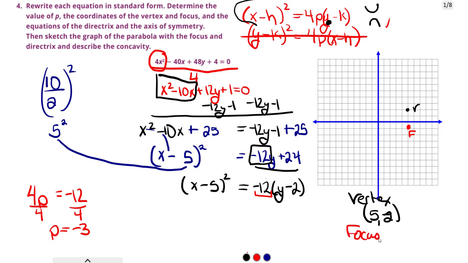Which is still at that 5, I went down 3, so it's now at negative 1. My directrix is going to go the opposite direction. So if I went down, I'm now going to go up 3. And it's going to be a line left and right at that spot.